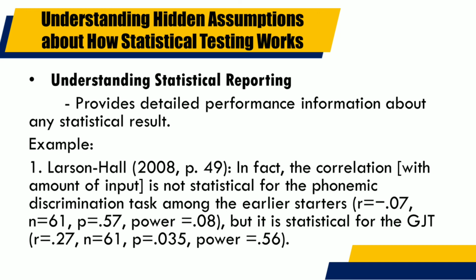What do you notice about the relative sizes of the R values of the non-statistical versus the statistical results? So, the R of the first correlation is negative, but this doesn't make any difference. However, the second R value is 0.27, which is much greater than the first R value of 0.07. So let us remember that the larger a statistic is, the more likely it will have a small p-value.